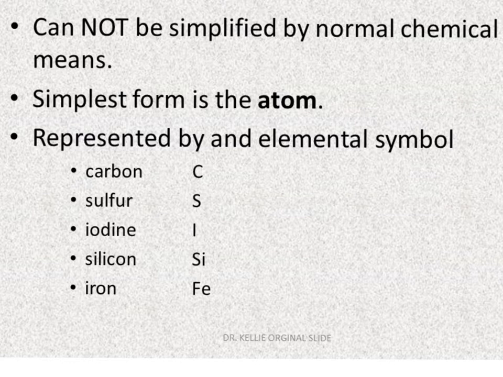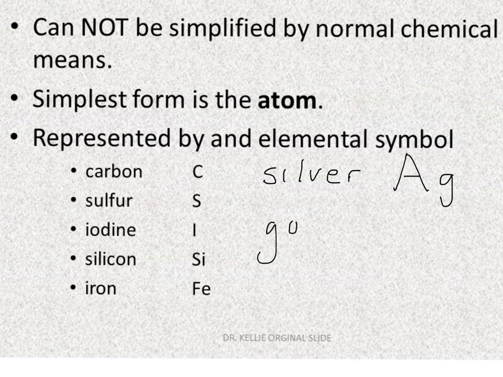For example, silver has the elemental symbol Ag. Gold has the elemental symbol Au. Now these unusual elemental symbols are actually easy to remember after all.